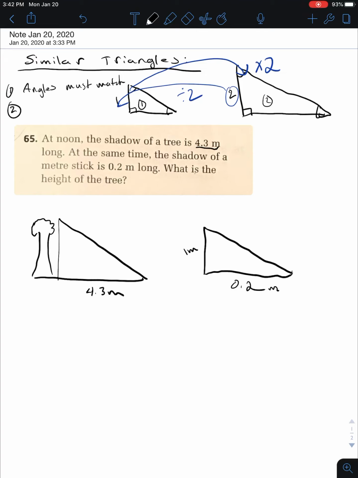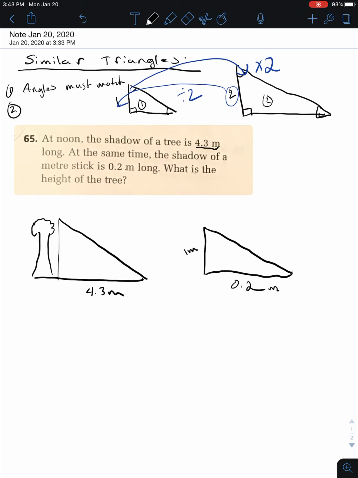It's not a great picture, but it at least gives you some representation as to what's going on.